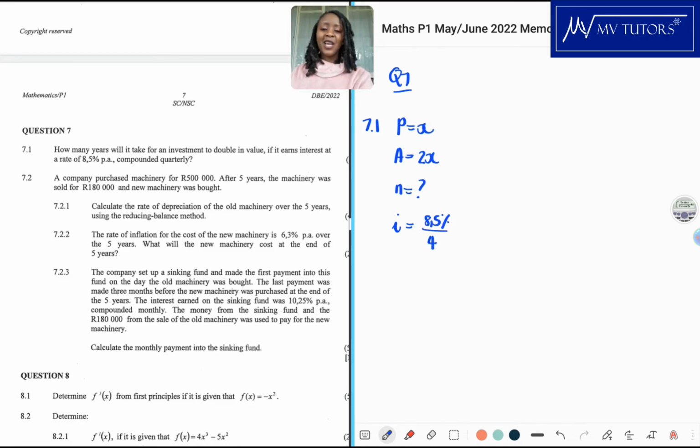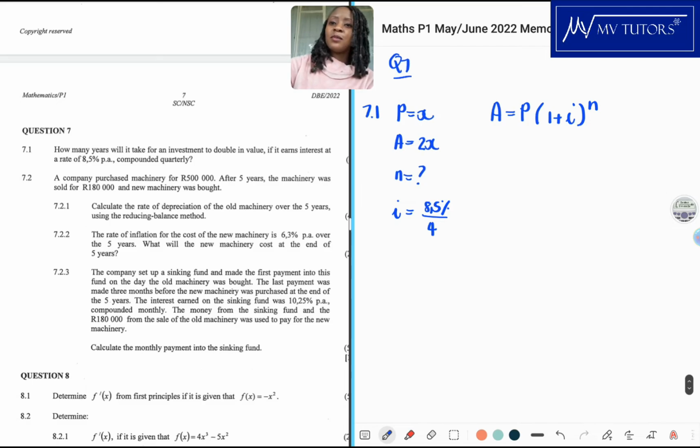quarterly. Okay, so let's see, they ask for the amount of years, right? Because we're dealing with lump sum values, we're using the normal compound formula that we know. If it was regular payments of the same value made over a certain time, maybe per month or per quarter, then we would use the annuity equations.